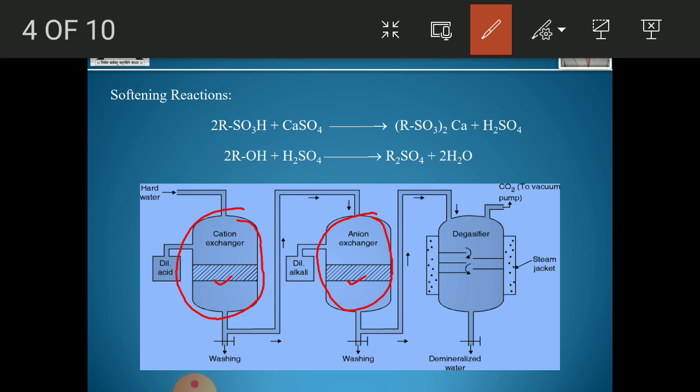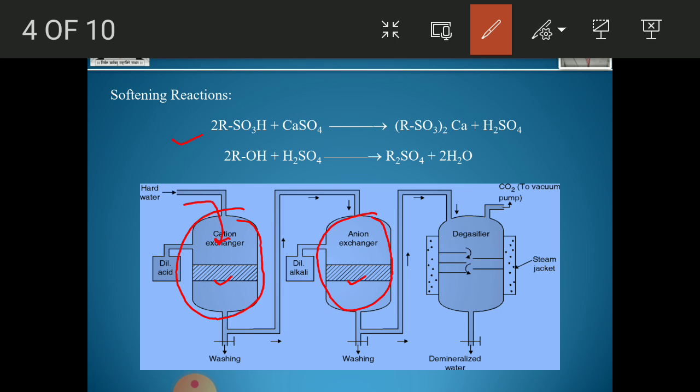The cation exchanger contains cation exchange resin and the anion exchanger contains anion exchange resin. The hard water is passed from this inlet and it will come in contact with the resin.